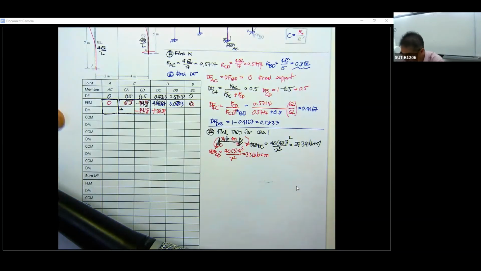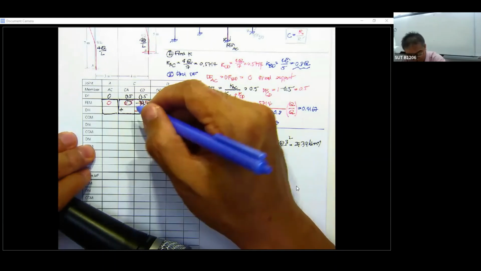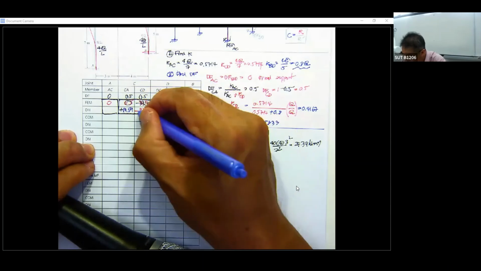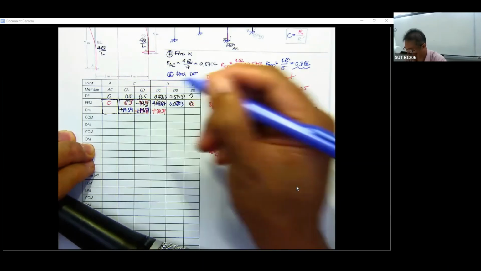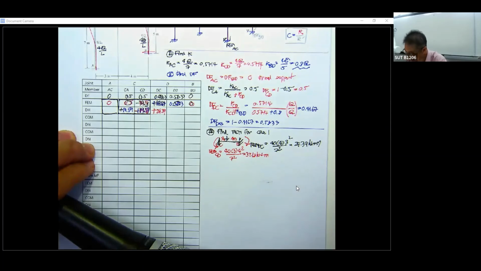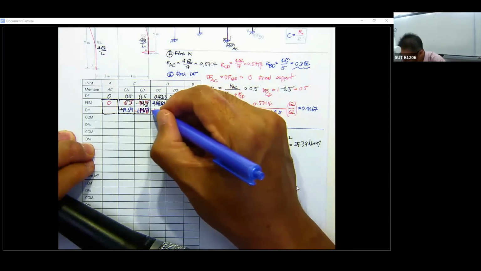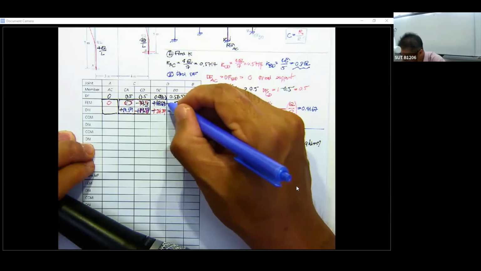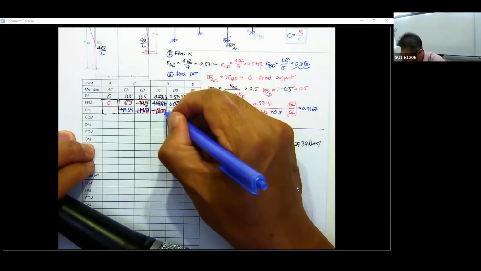Just put it into half of this. Half of this is going to be 19.59. This requires positive 19.59. And then this one, 29.39 is positive, so it requires negative here, and then this time here, this is supposed to be 12.25.